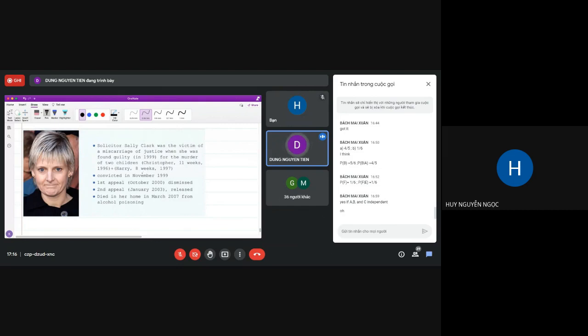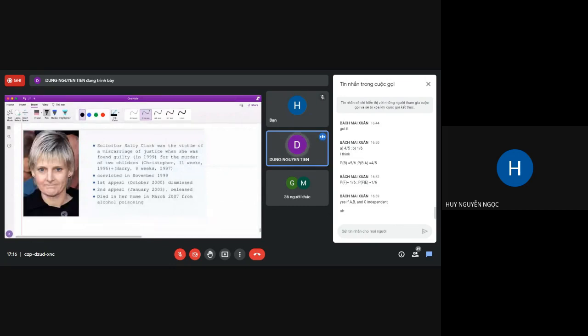It is a very sad story, and there was an investigation about the deaths of the two babies. Based on the testimony of a doctor, she was found guilty of the murder of the two children. She appealed against the decision, and that was dismissed in 2000.